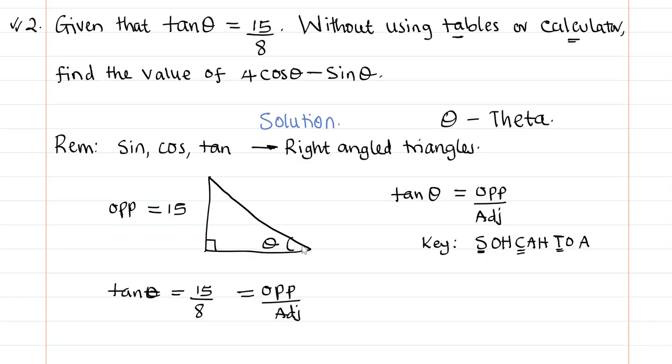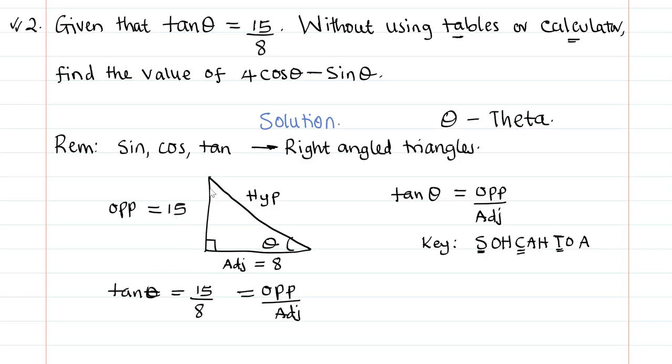And then the longest side in a right angle triangle is always the hypotenuse. So this is our hypotenuse. And then adjacent to the angle is the adjacent. So this length is the adjacent, and adjacent in this case is 8. 8 units. They have not specified the parameters, but these are ratios of the same quantities.